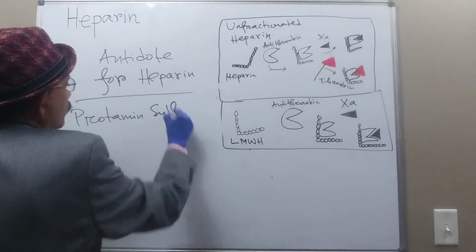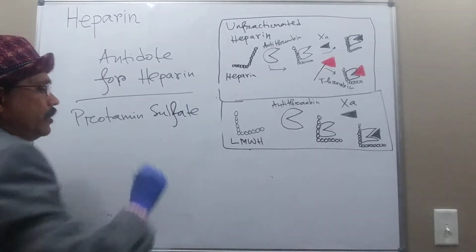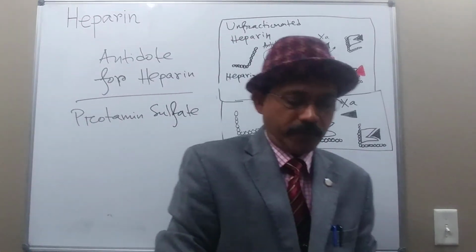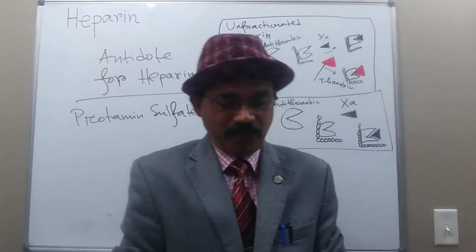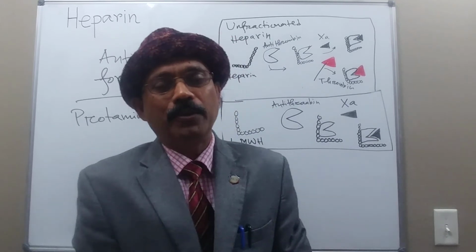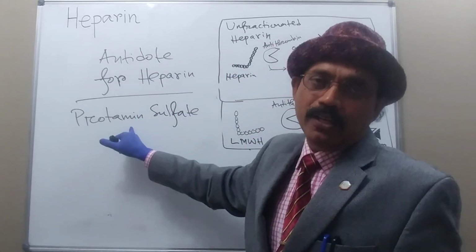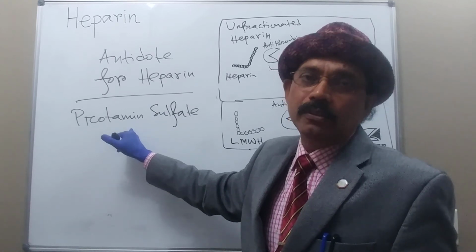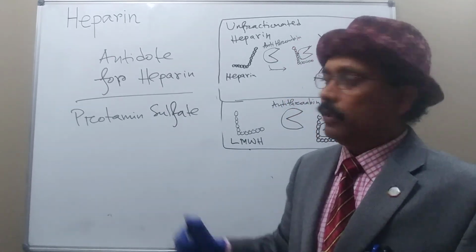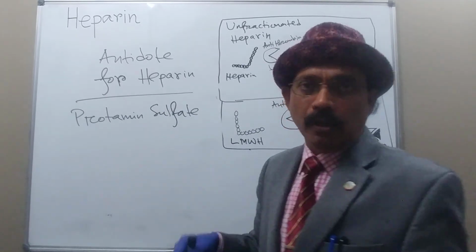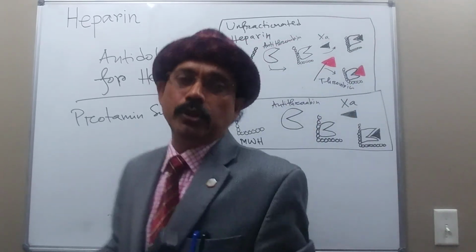Protamine sulfate is derived from fresh sperm. This is also an anticoagulant, so its use should be regulated and monitored.